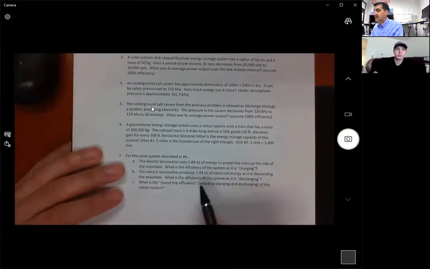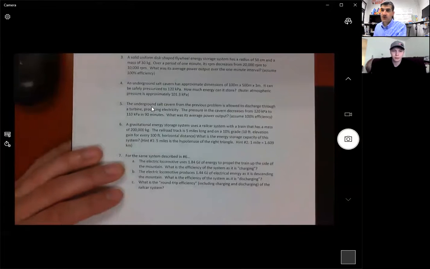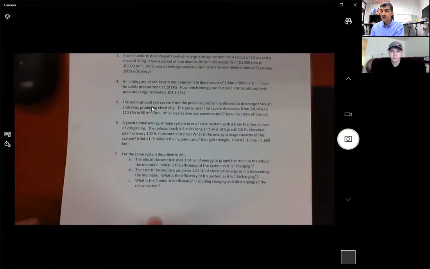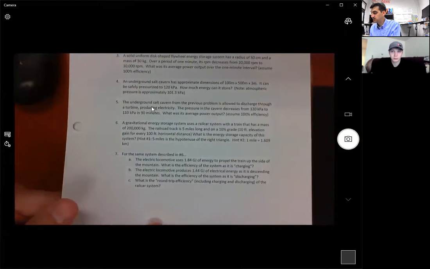What's the efficiency as it's charging? So in other words, that's how much energy it used to get up the mountain. How much potential energy do you have now? We just calculated that. So the ratio of those two is the efficiency of the charging of this system.